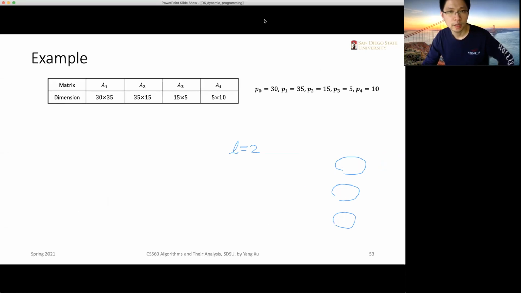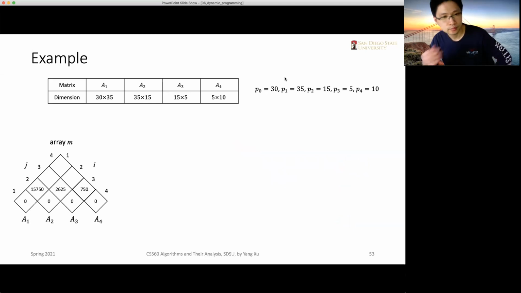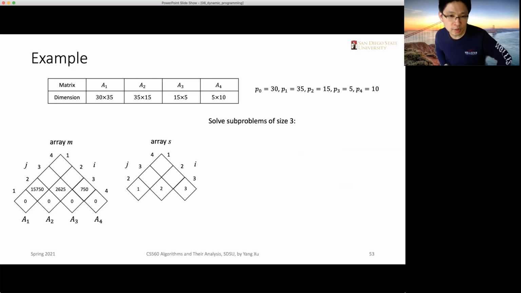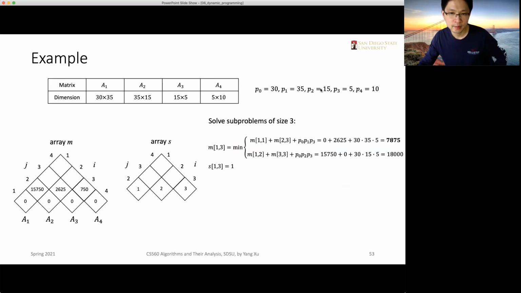Okay, and the second example, the next step would be to solve the subproblems of size 3. For size 3, it requires a little extra computation, because for a size 3 problem we need to make comparisons, right?